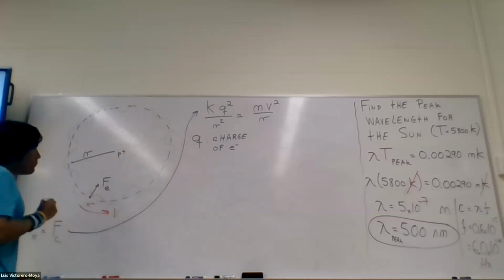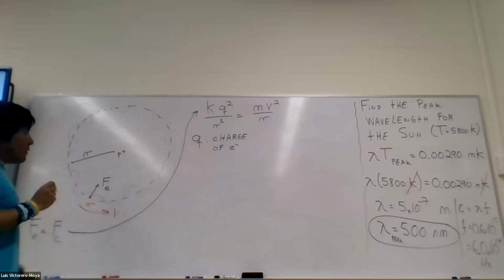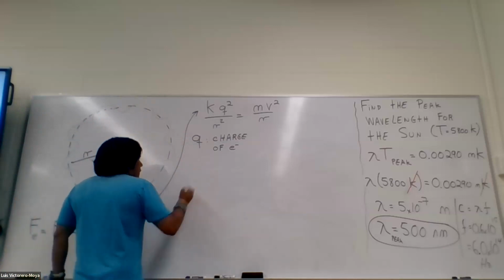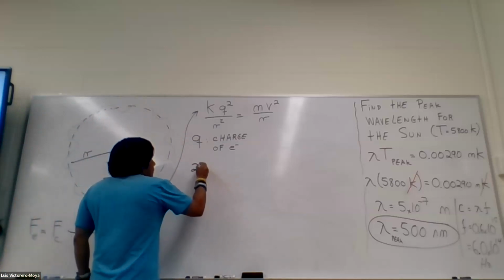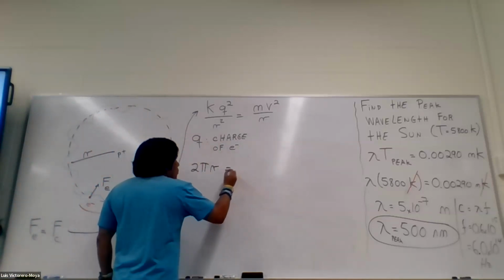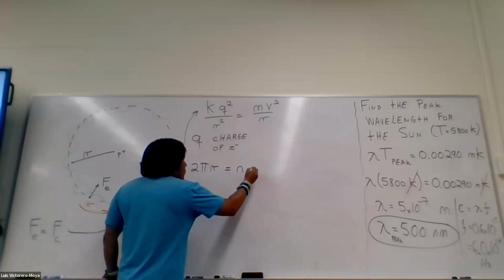So that's actually the picture that we should think about. So the circumference equals an integer number of wavelengths.